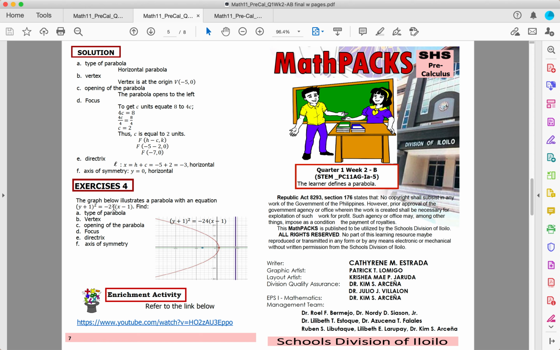So -24 divided by 4 is 6. So 6 units, you count 6 units from the vertex going to the left.